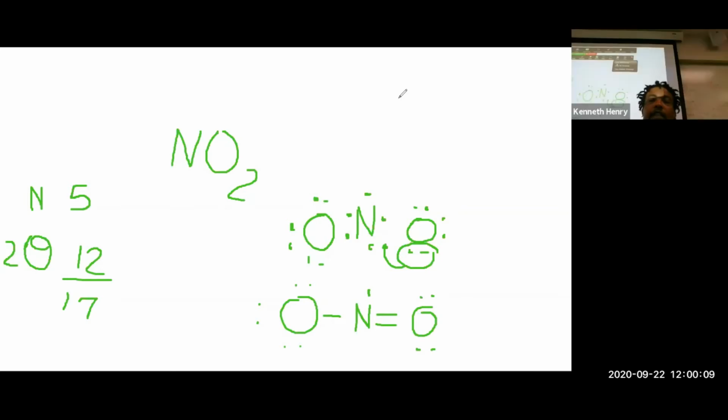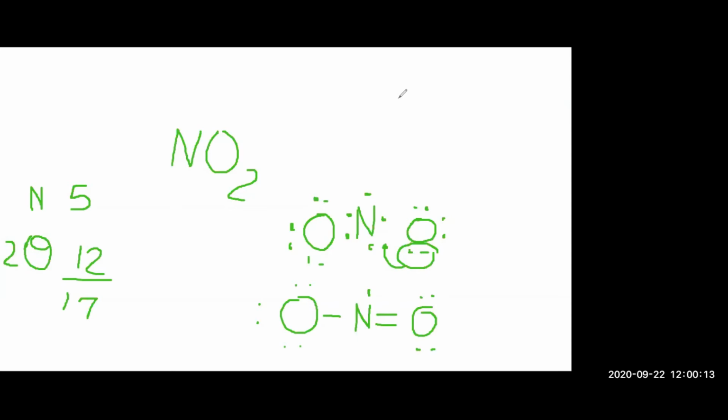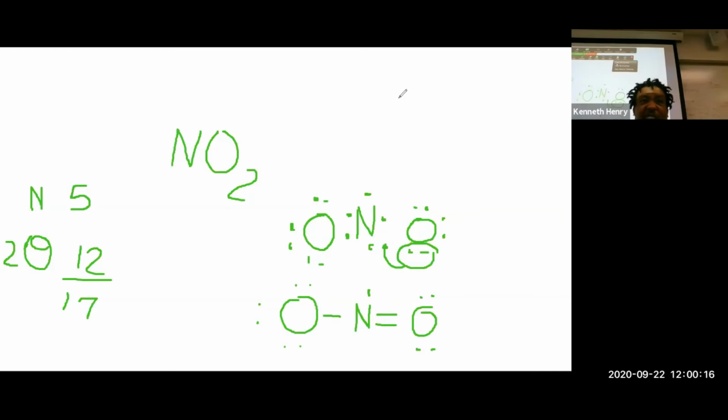So why doesn't hydrogen go in the middle? Because it's only one away, right? And it can only make one bond. It can only have a single bond. It can't have more than one attachment. And we know that oxygen is stronger, so it's going to push nitrogen in the middle in that case.